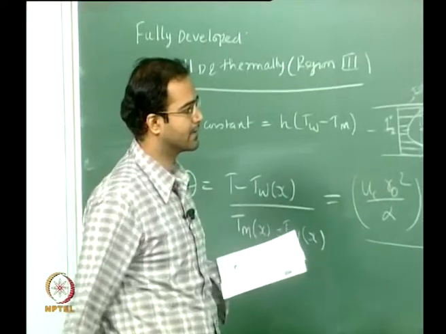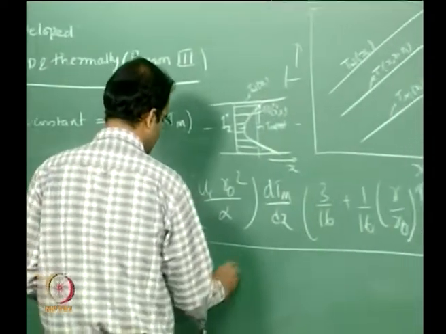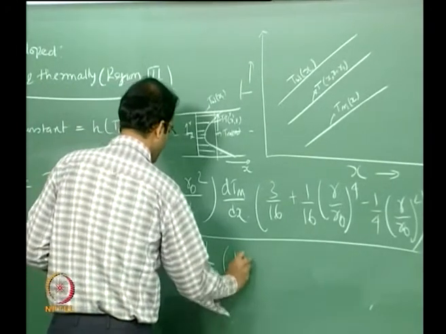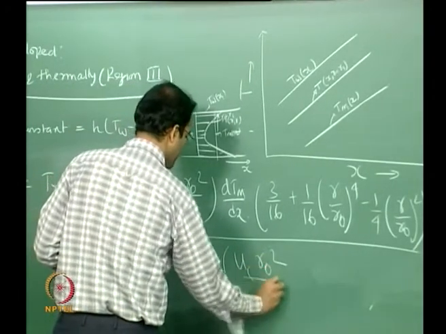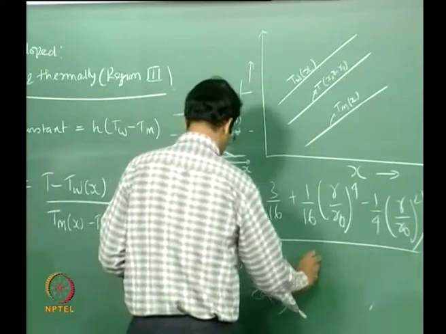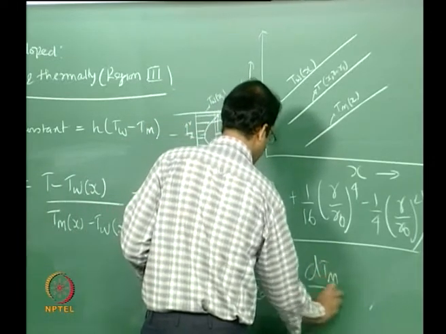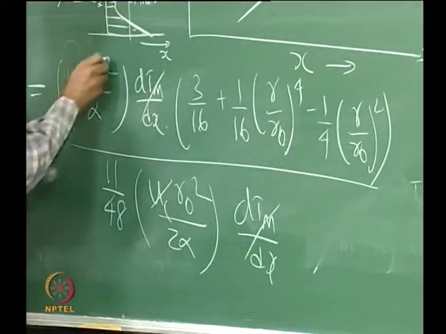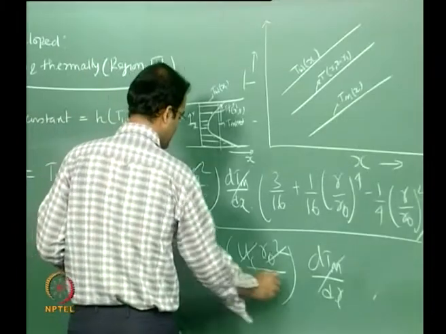Similarly Tm minus Twall will be minus of that, I cancel the minus sign. This will be 11 by 48 into UC r naught square by 2 alpha into dTm by dx. So dTm by dx cancels, UC r naught square cancels, alpha cancels out.